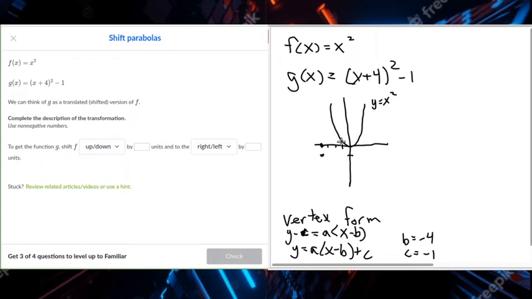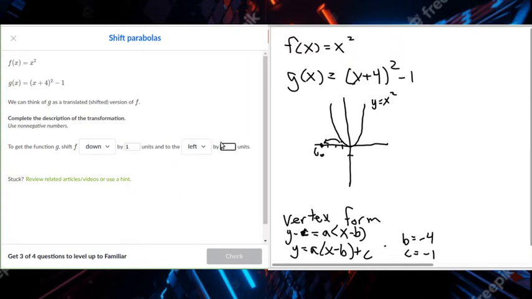So we're going to be moving left and down. We're going to be moving down by 1, or negative 1 on the y-axis, and to the left by 4 units, or negative 4 units on the x-axis.